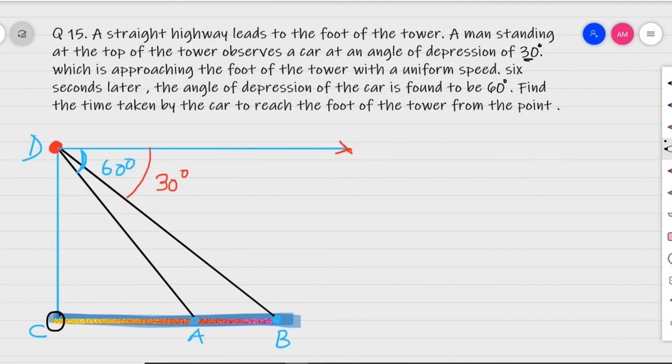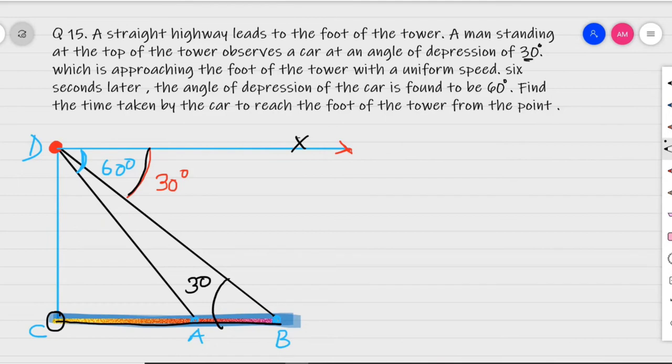See, suppose this is X. So XDB is 30 degrees. Now C to B is a straight horizontal line which is parallel to DX. Now see, this is 30 degrees, which means this part is also 30 degrees.